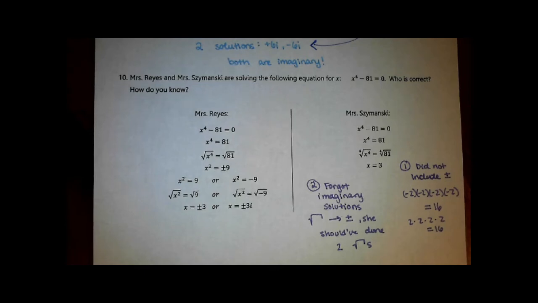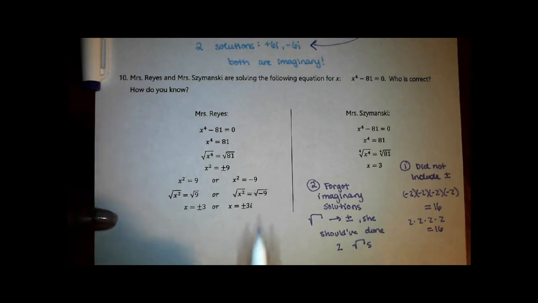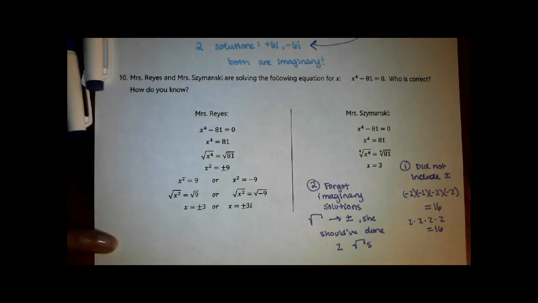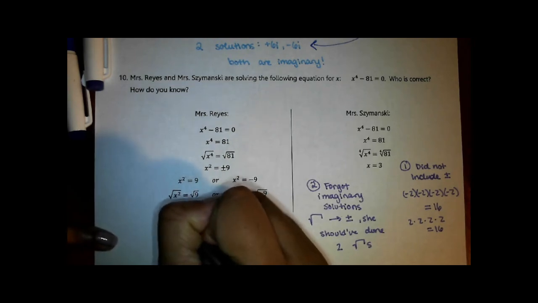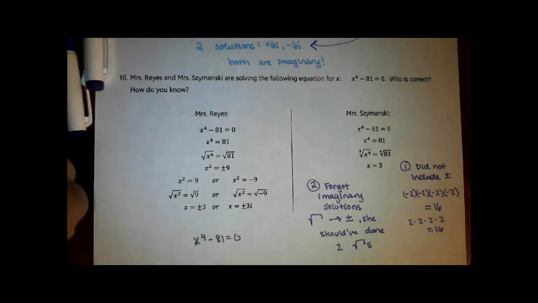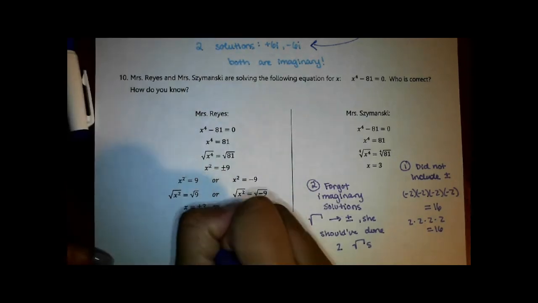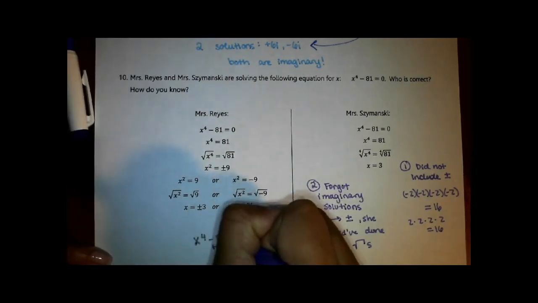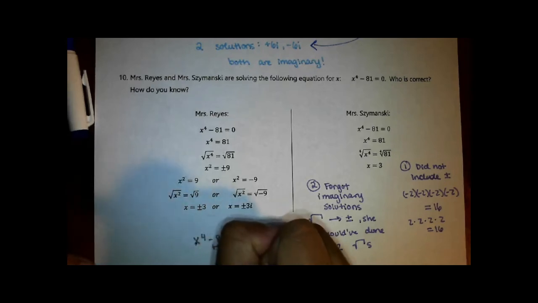So, another way to answer this is, of course, just to do the problem yourself. We have enough experience to do this, to just write it in our own words. So x to the 4th minus 81 equals 0. You add 81 on both sides. We've done this before, should be old hat.